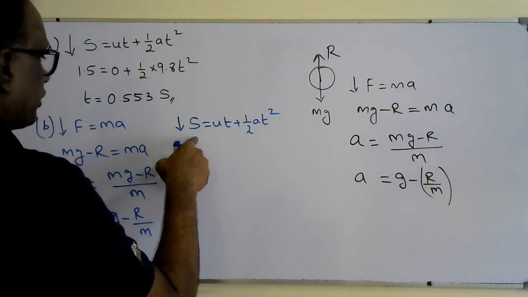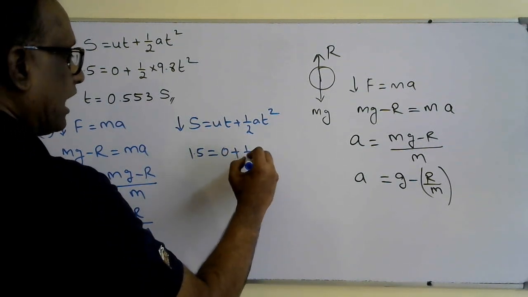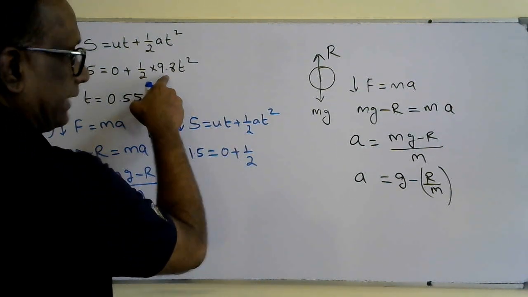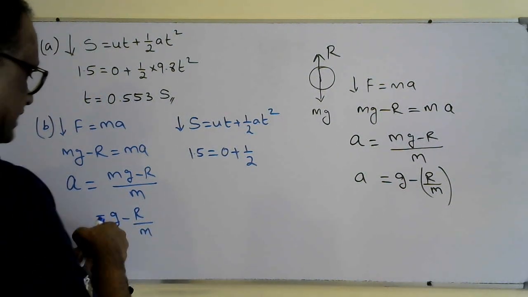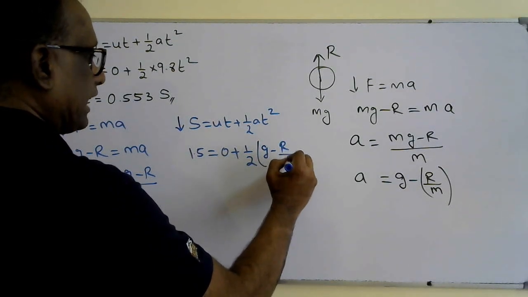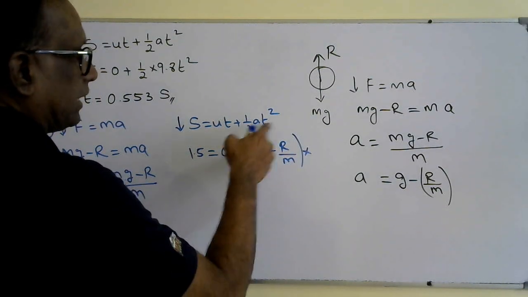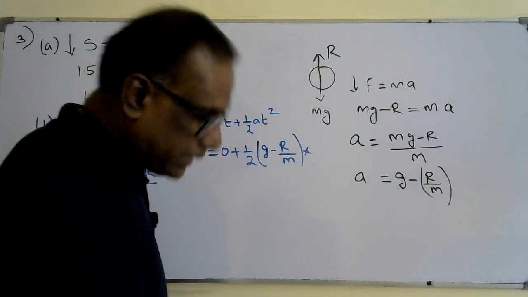The height it is going to fall is the same, 1.5. Initially it was at rest, half. Earlier I put 9.8, as I already explained, because there is no drag force, but now there is drag force, so the acceleration will be g minus r over m, times t squared. t squared is given, 0.6 squared.